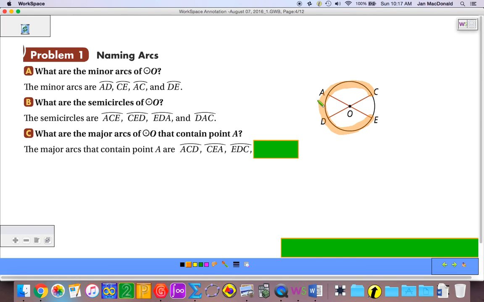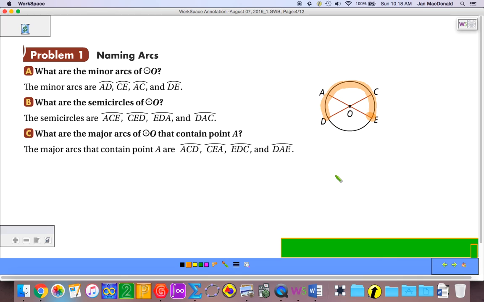Sure, it clearly goes through point A, and it's a major arc. And DAE. Let's take a look at DAE. Again, major arc containing point A.